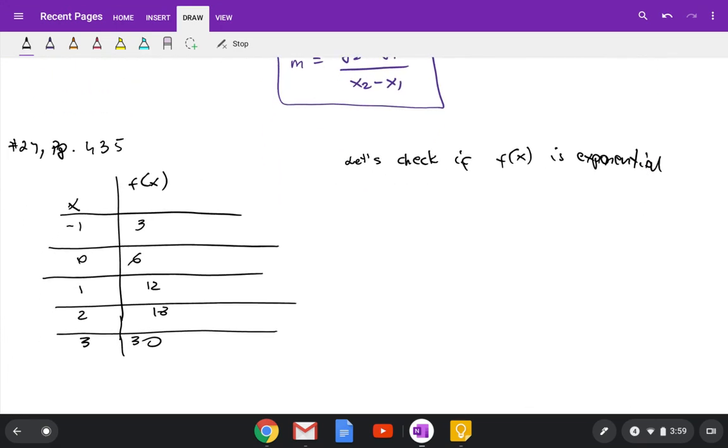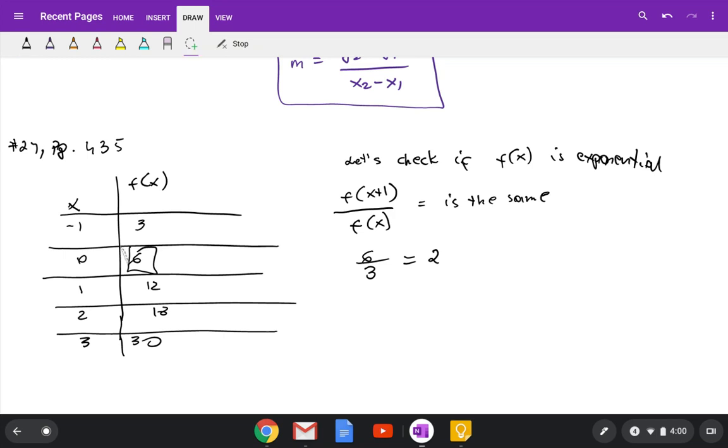So I'm going to create the ratio of two consecutive outputs, f of x plus 1 over f of x. This is what I'm trying to show, that it is all the time the same. So I'm taking 6 and dividing by the previous output, which is 3, and I'm getting 2.